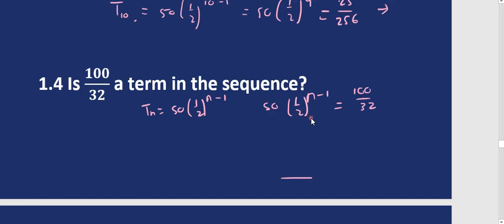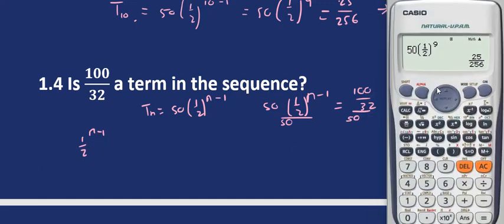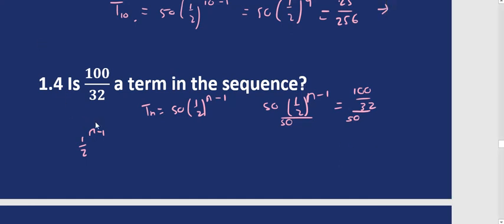If we divide both sides by 50, we will get 1 over something on the left. So what happens if we divide 100 over 32 by 50? We get 1 over 16.